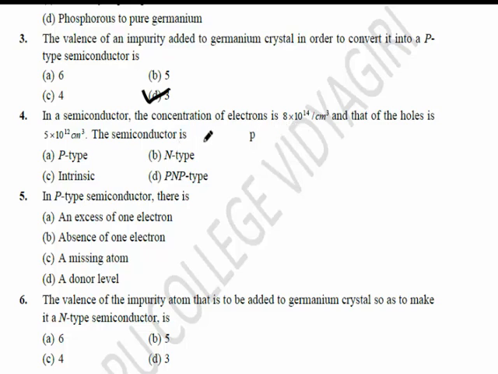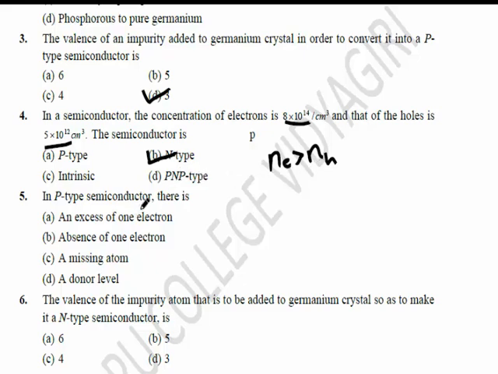Then the semiconductor is, so here the concentration of electrons is more compared to holes. If the electrons are more compared to holes, then it is called an n-type semiconductor, because Ne greater than Nh. Okay, so option is B.